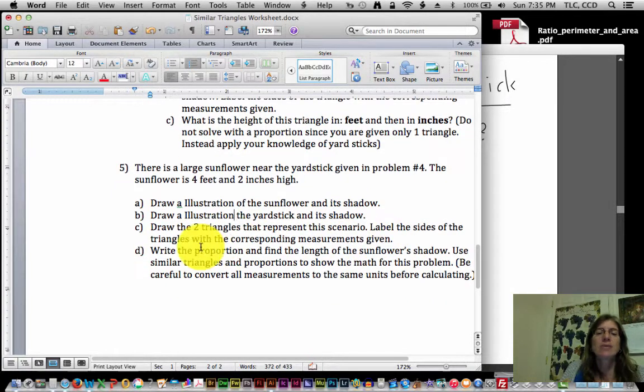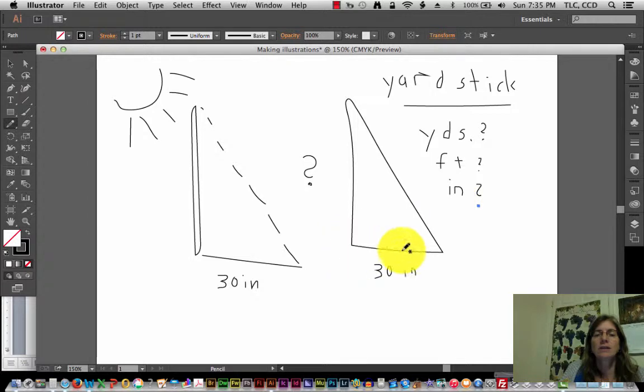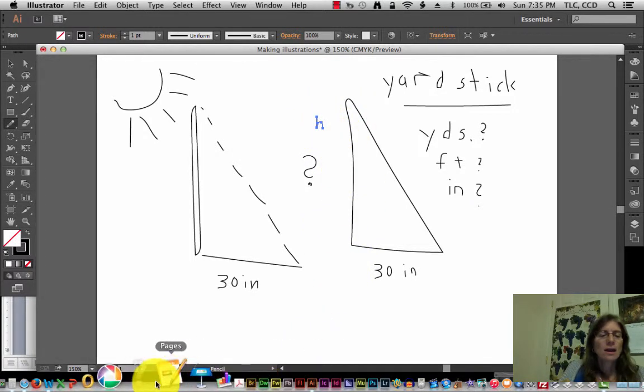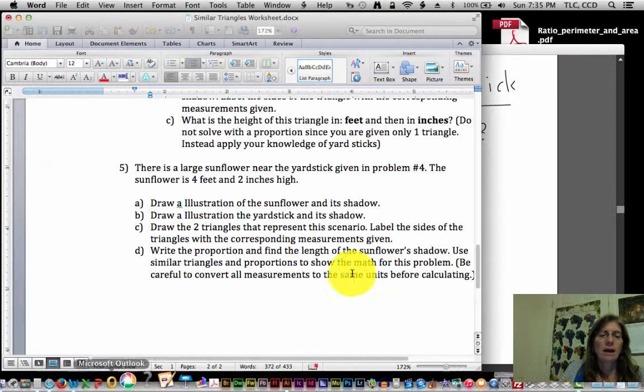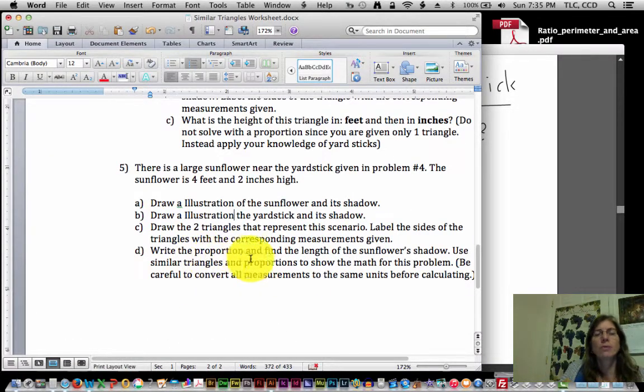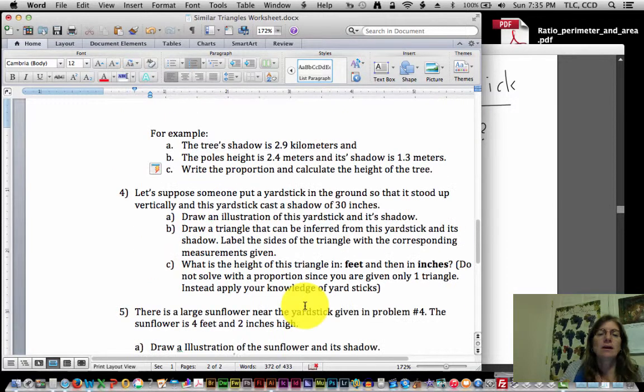And you're going to label the sides of the triangle like this. Once you figure out how tall a yardstick is, you will have this measurement. Then, in that last problem, you're going to write a proportion and find the length of the sunflower shadow. I've only gone over it once, where you have proportions with different measurements.